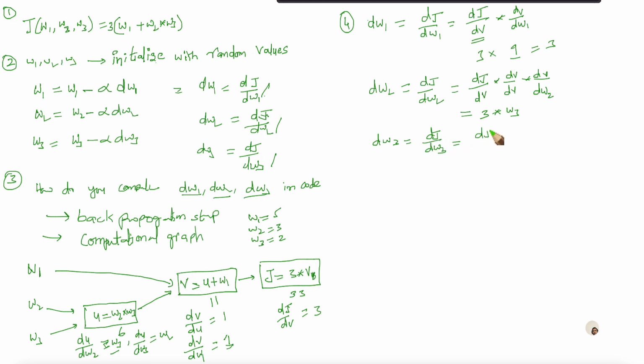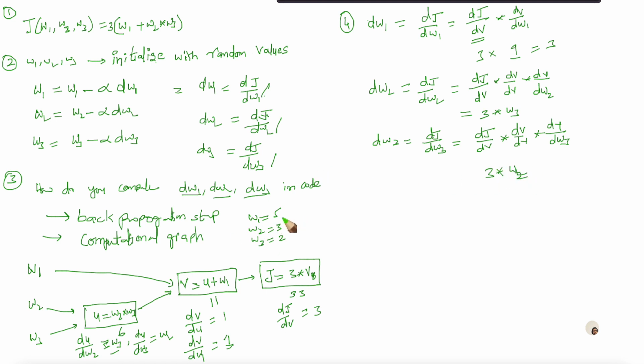Using the chain rule, we can do what we did before: dv by du times du by dw3. So this one is 3, and this one is 1, and this one is w2. So this is w2.